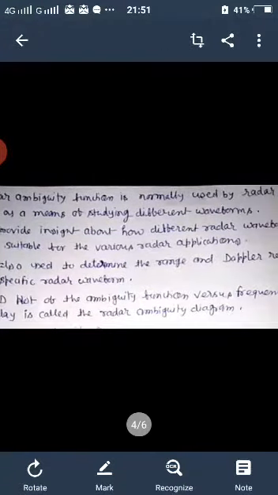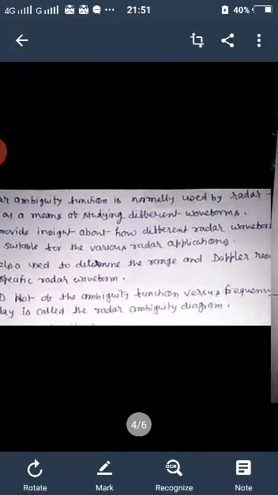The radar ambiguity function is normally used by radar engineers as a means of studying different waveforms. It can provide insight about how different radar waveforms may be suitable for various radar applications.